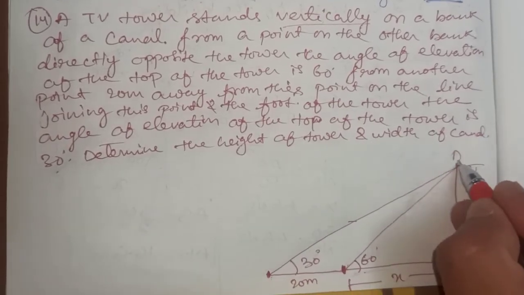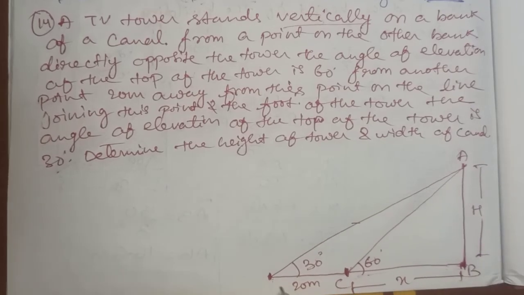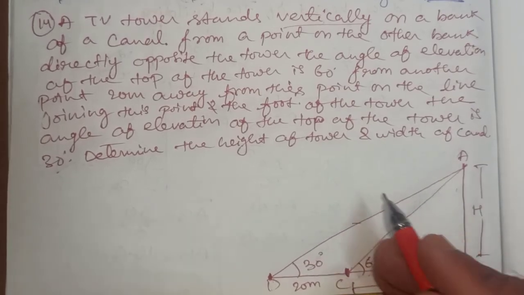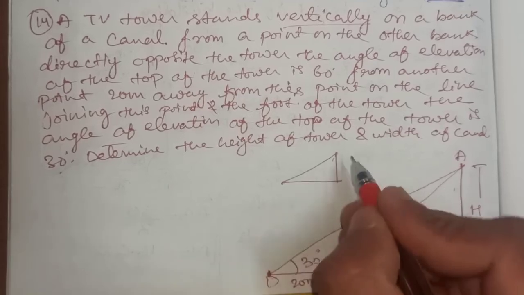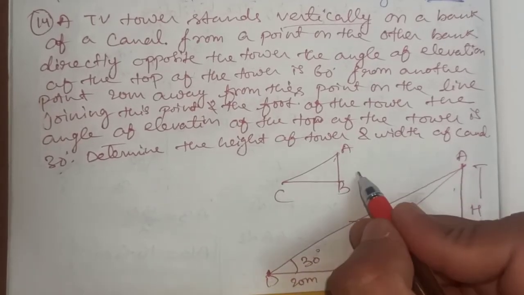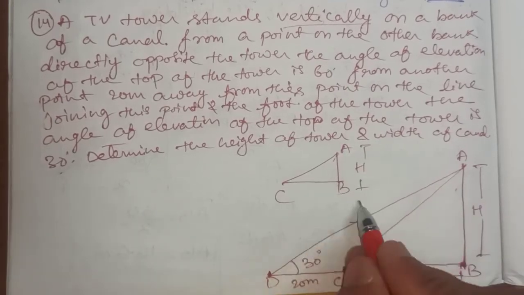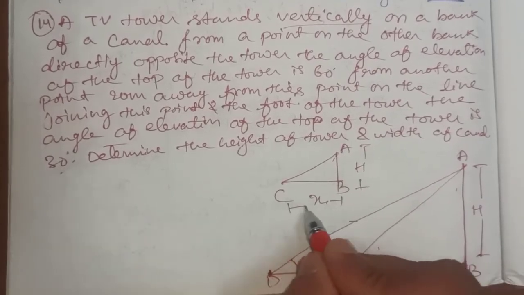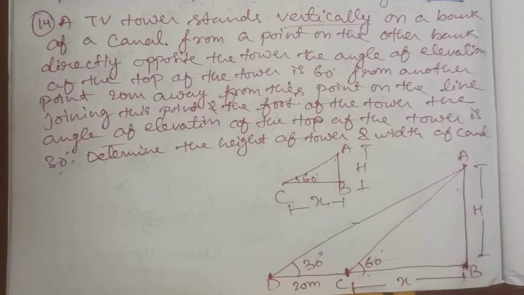We will name the triangle as A, B, C, D. First of all we will take triangle ABC. AB is h, BC is x, and angle C is 60 degrees.